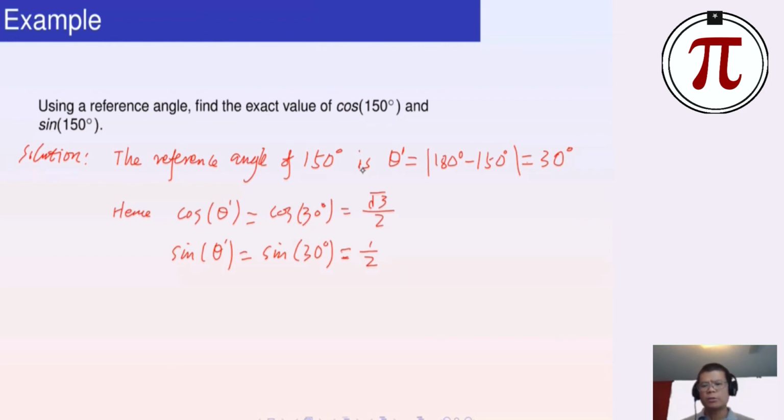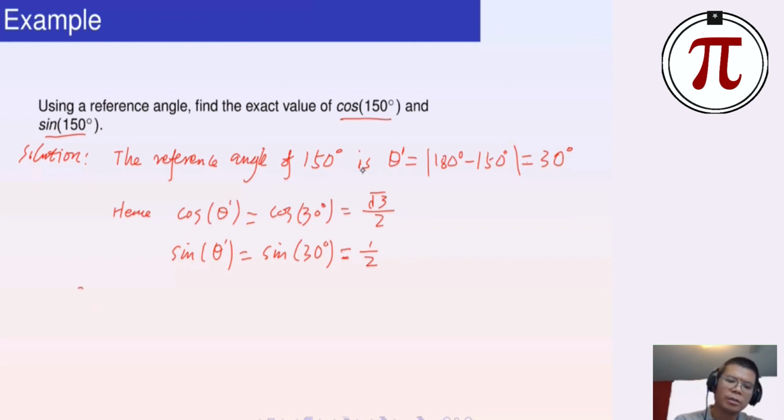But we are to find the cosine 150 and sine 150, not the sine and cosine of 30. So what is cosine 150 then?